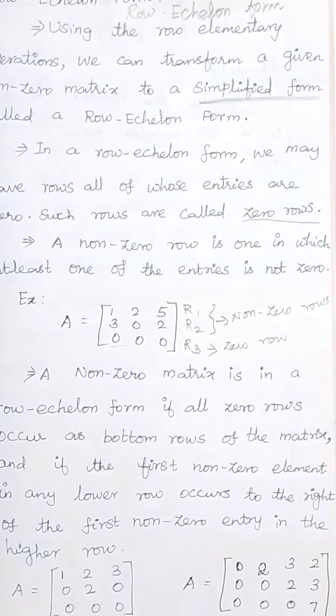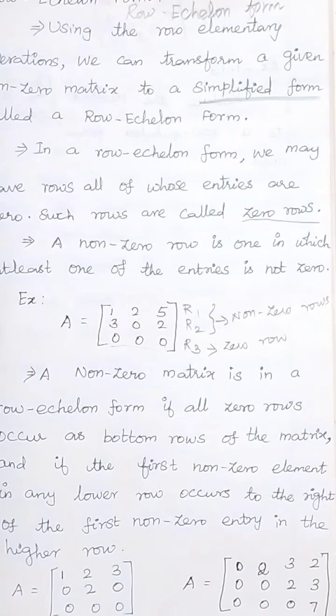Here you consider one example, A is equal to 1 2 3, 0 2 0, 0 0 0. Check whether it is a row echelon form or not.